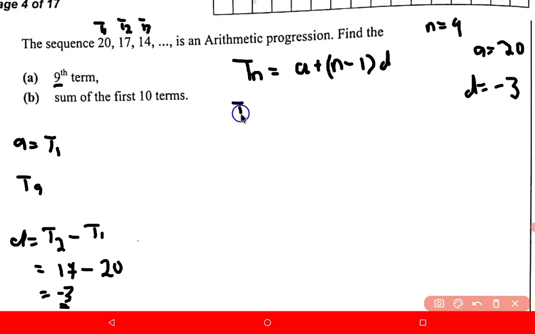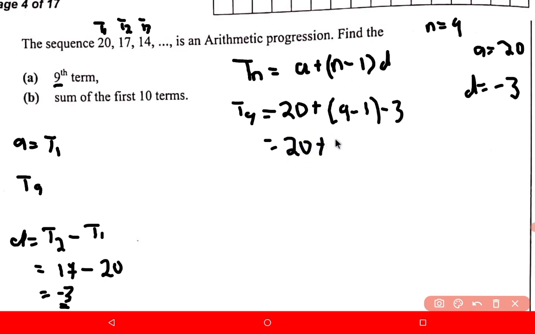So term number 9, which is Tn, will be equal to the first term, 20, plus n, which is 9, since we are finding the ninth term, minus 1, times -3, which is your common difference. So this will be 20 plus 8 times -3, that is -24.